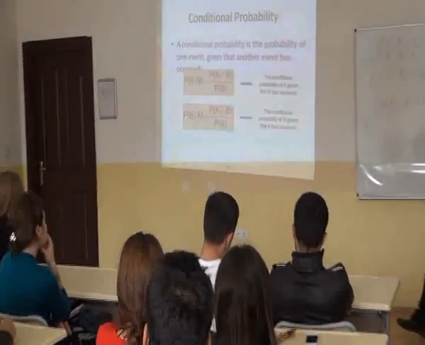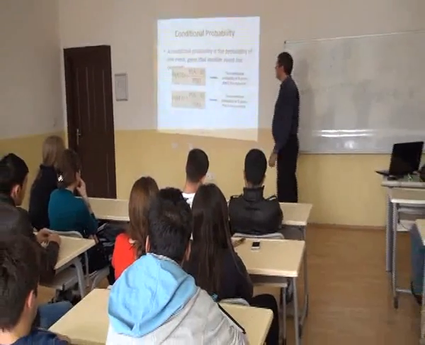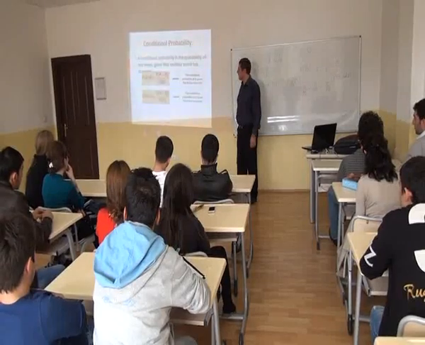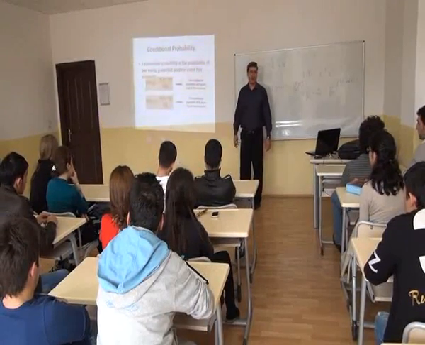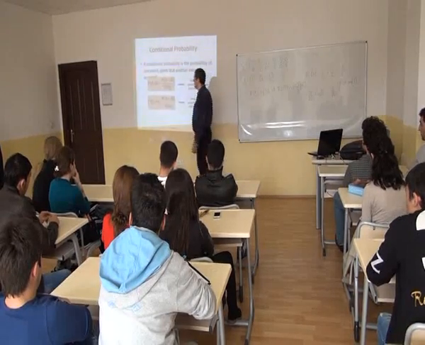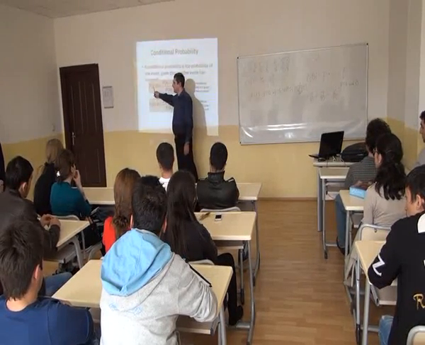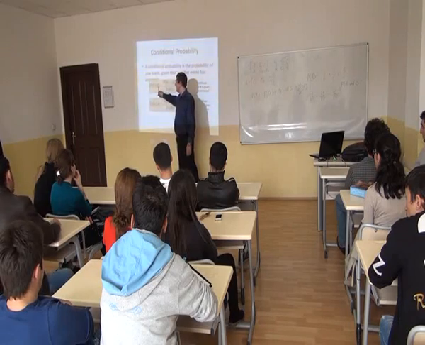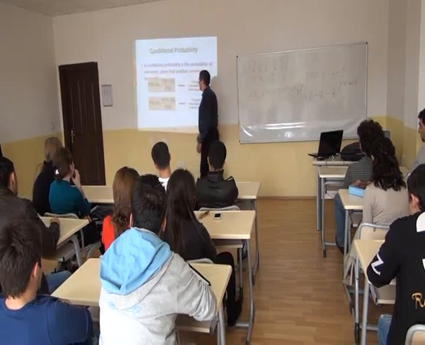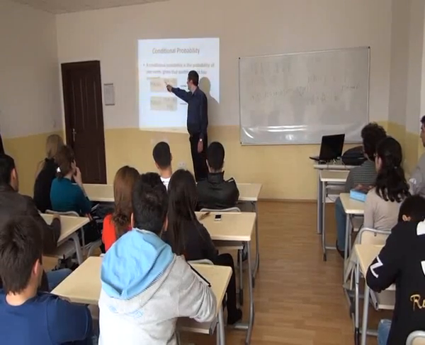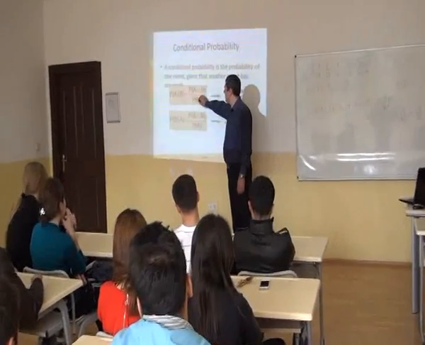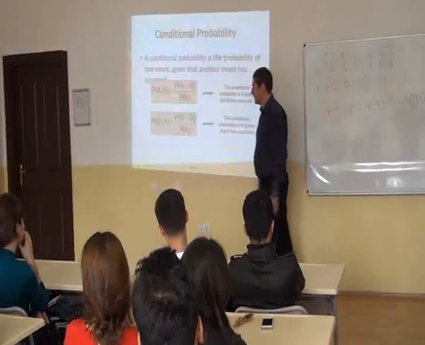Okay, now we are going to study so-called conditional probabilities. And there are these ultimate formulas. But first of all, we need to learn how to read this formula. The probability of A happening, given that B has already happened, is equal to the probability of the joint happening of A and B divided by the probability of B happening.